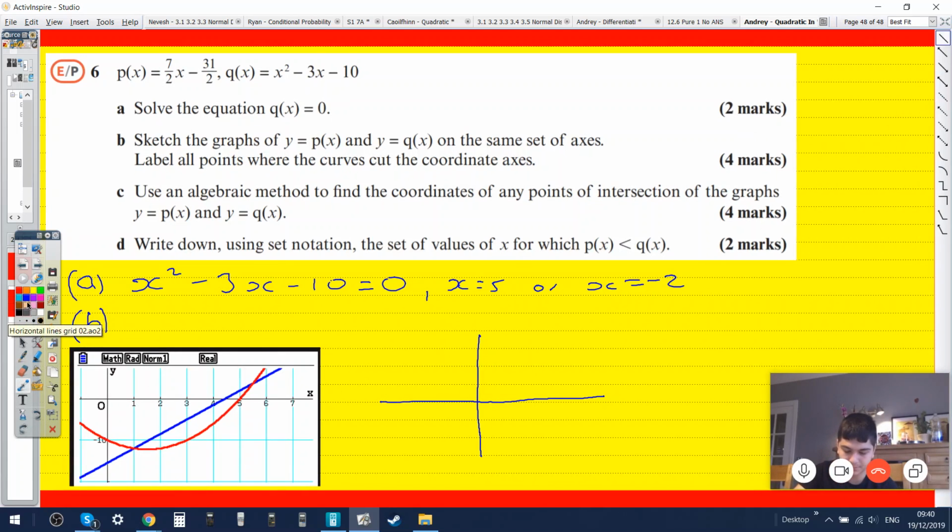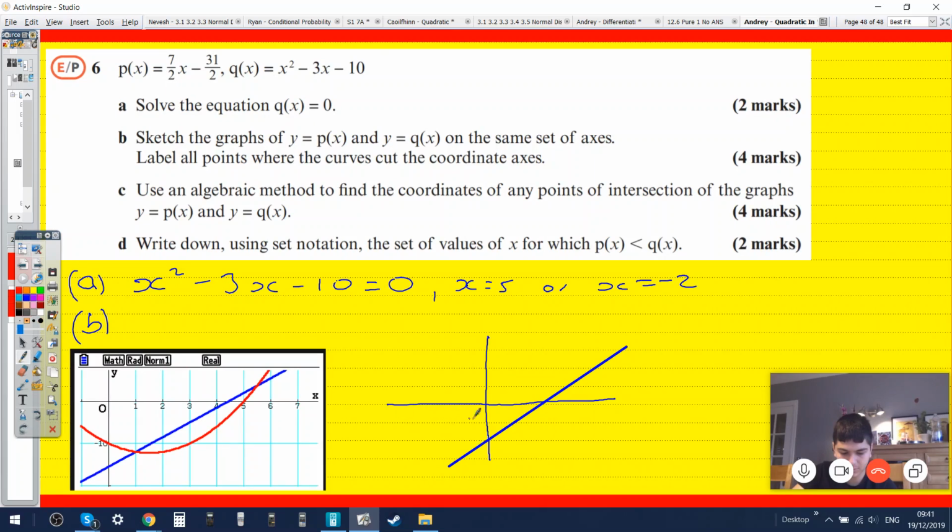And then for the curved line, the y-intercept is minus 10.